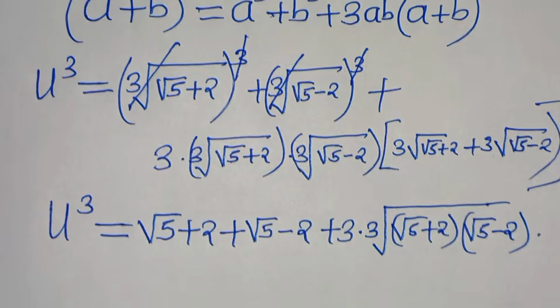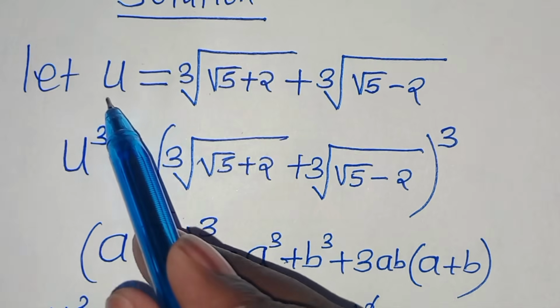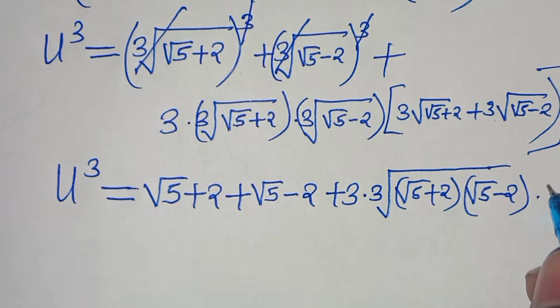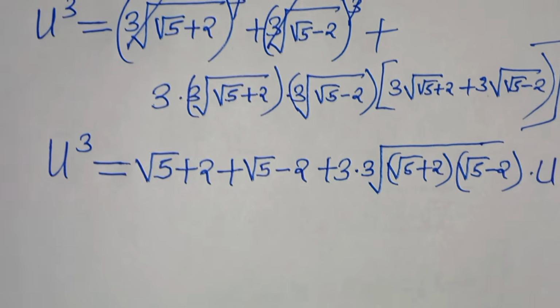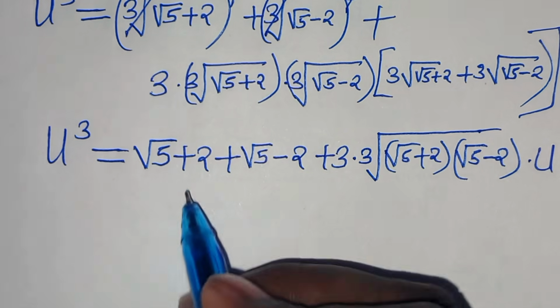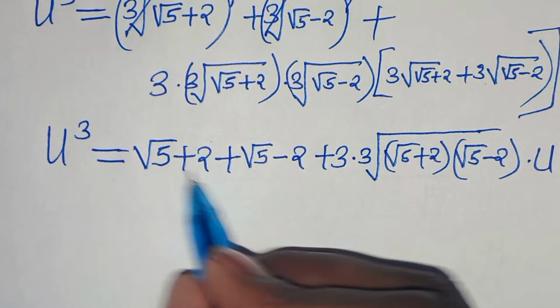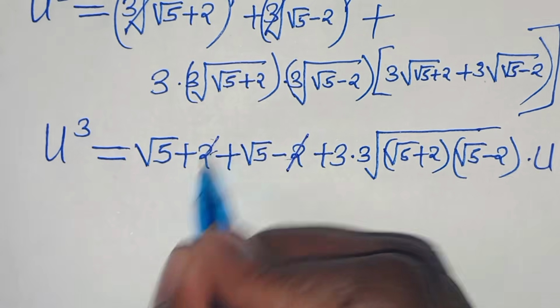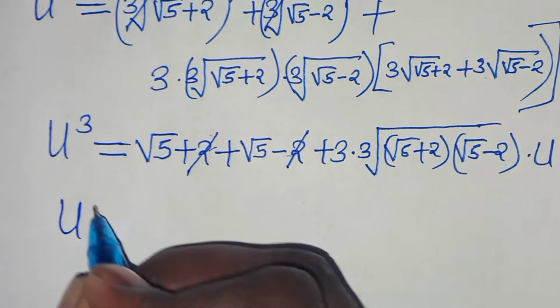This is the same thing as u, so let's substitute this with u. The next step is that we have plus 2 and minus 2, which simplifies so that we have u to the power of 3.